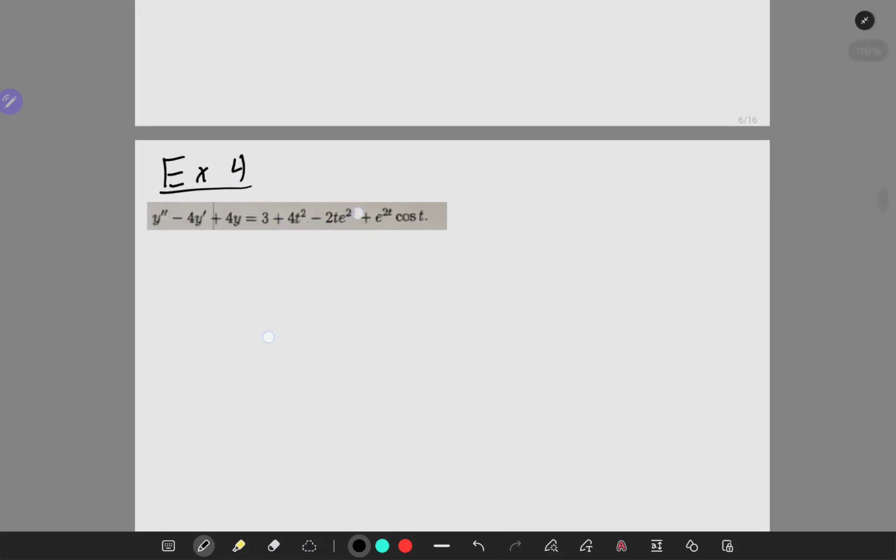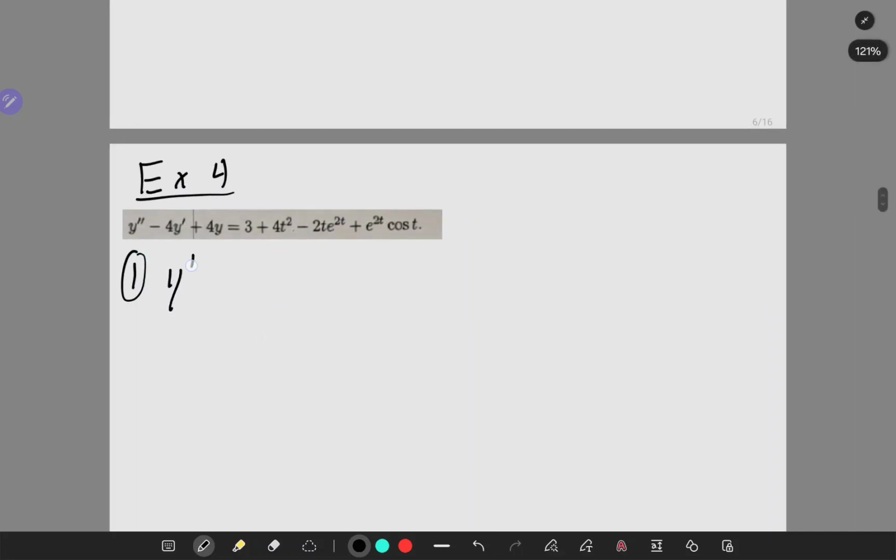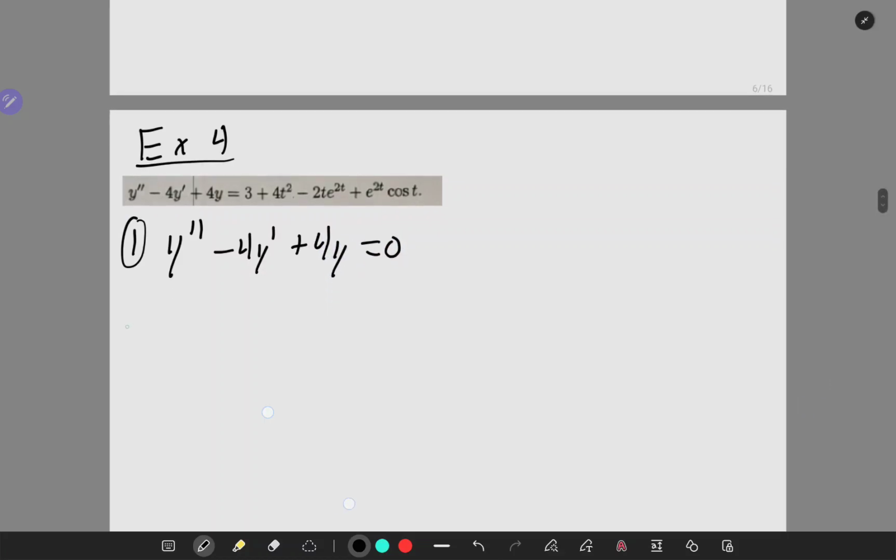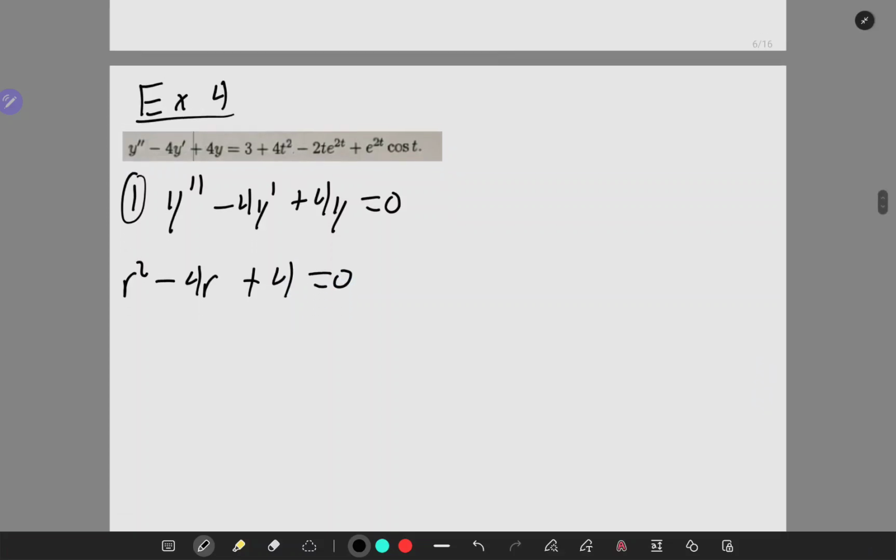Okay, step 1. y double prime minus 4y prime is equal to 0. Oh, I missed a term. This would be propose e to the rt, substitute them in, cancel out the e to the rt's. We're left with this. Does that factor nicely?